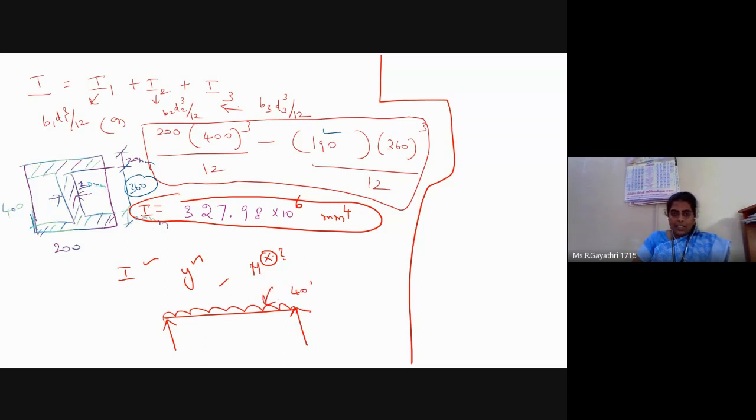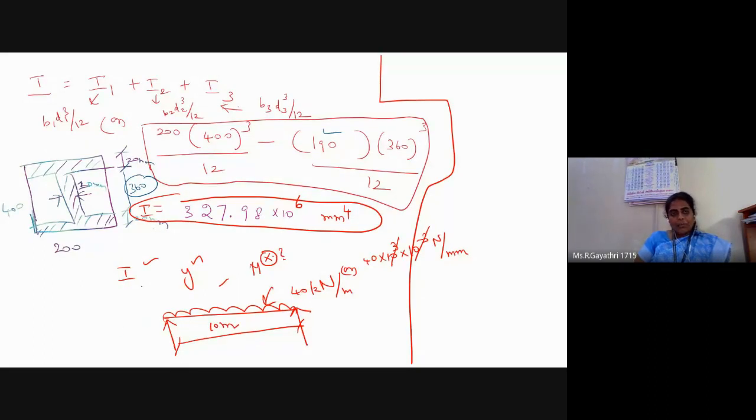UDL is 40 kilonewton per meter, or 40 into 10 power 3 Newton per meter. One meter means 10 power 3 mm. If it goes to the denominator, 10 power minus 3 Newton per mm. Plus 3 minus 3 cancel, 40 Newton per mm. Span is 10 meter.